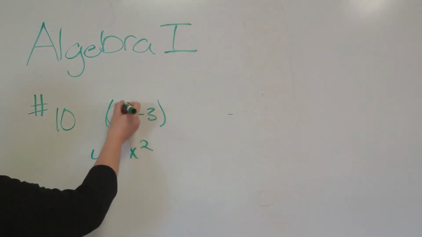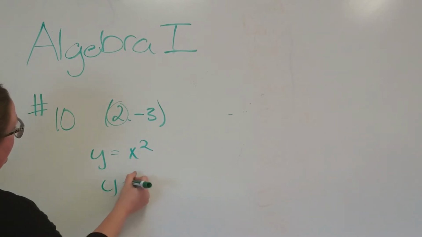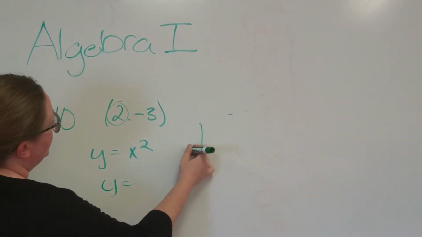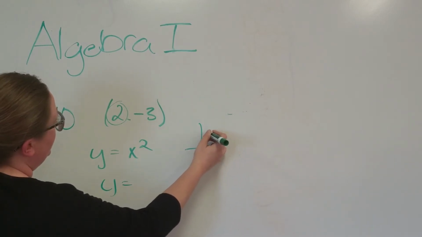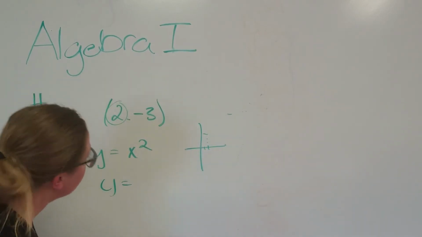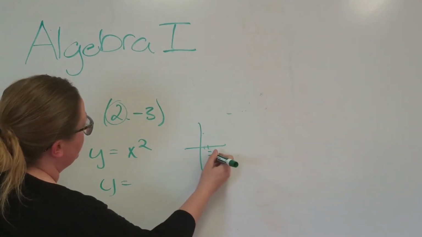Remember, left or right, which is your first, your x, goes in parentheses with x. All right, so if we're moving right, which we are because this is a positive 2, right? To get to 2, negative 3, we're going to go 2 to the right and down 3.